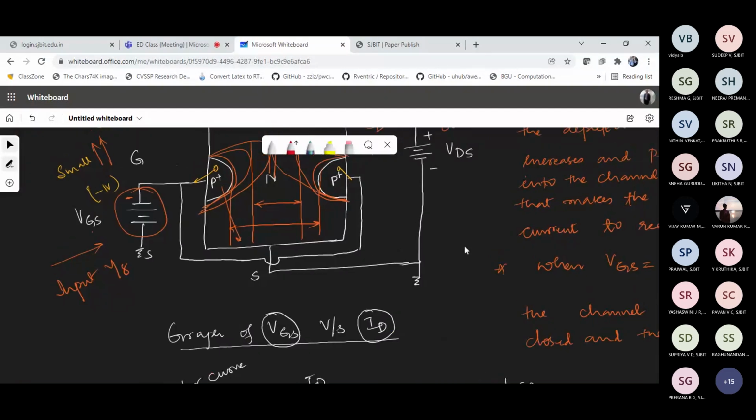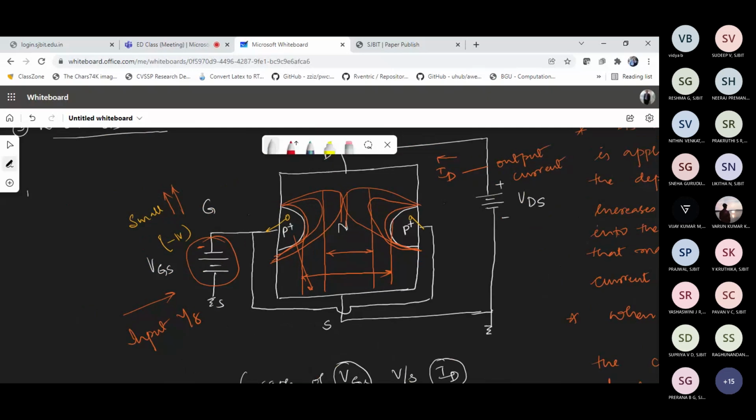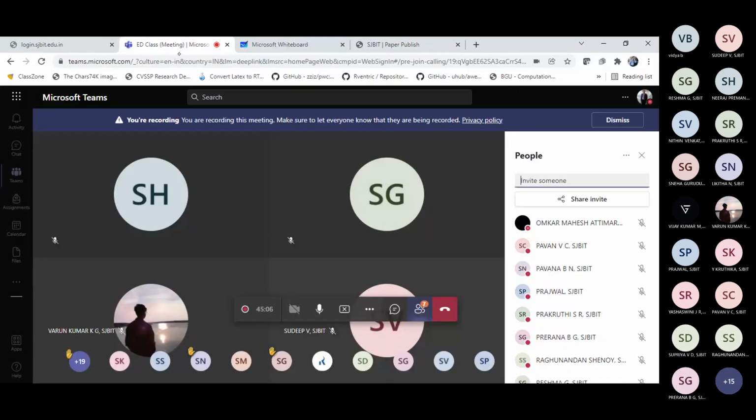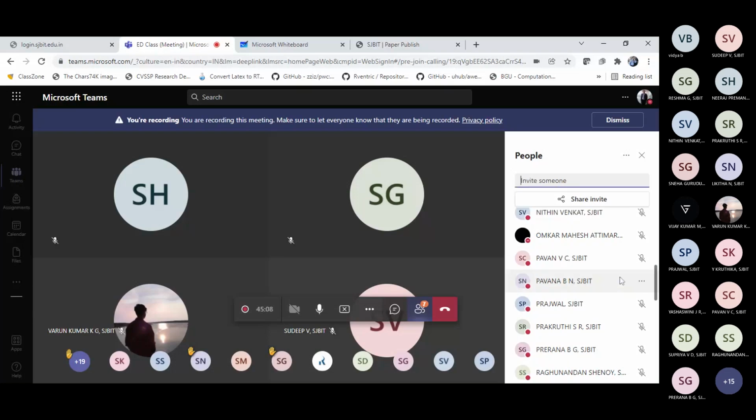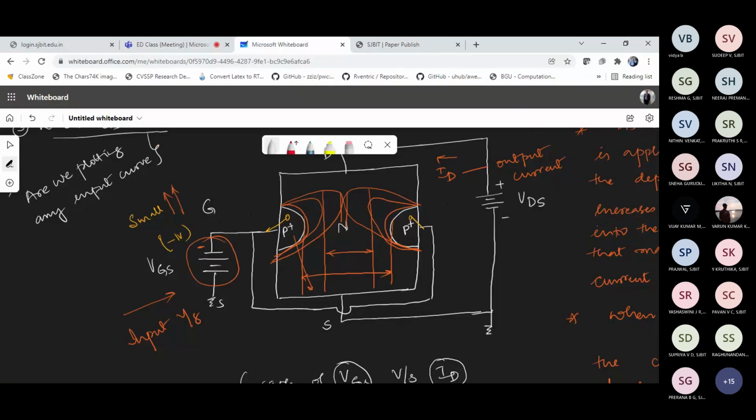And one more thing that we have to know at this point is, are we plotting any input curve? The answer to this question is a big no. We do not plot it.